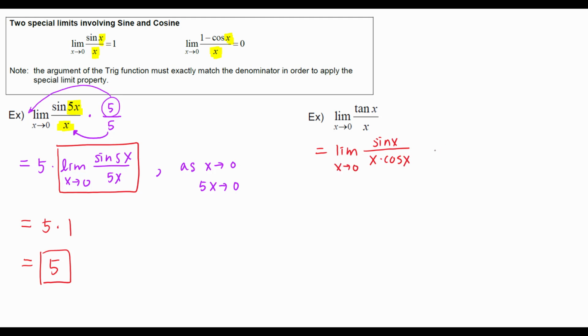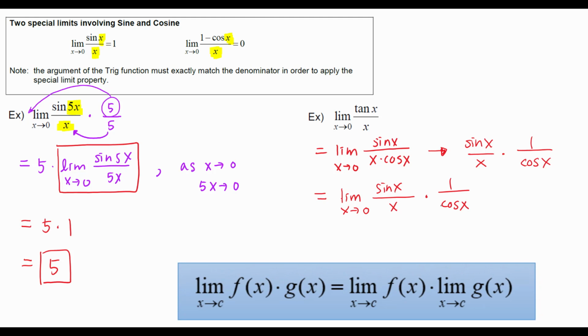So now you can see this expression is really sine x over x times 1 over cosine x. So we are going to rewrite that as that product, the limit as x approaches 0 of sine x over x times 1 over cosine x.